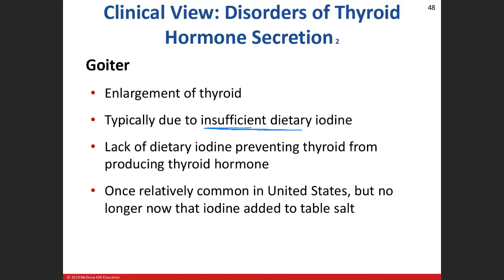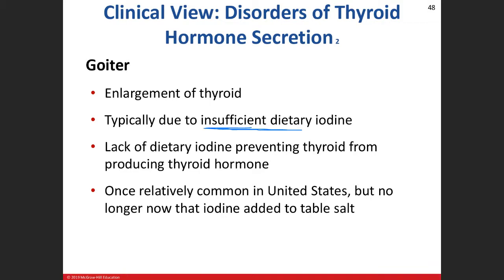You don't have enough iodine, you can't make thyroid hormone. Thyroid hormones are low in the blood. So when that blood flows up to the hypothalamus, it's like, wait a minute, there's not enough thyroid hormone. Let me release more TRH, which stimulates the adenohypophysis or the anterior pituitary to release thyroid stimulating hormone.